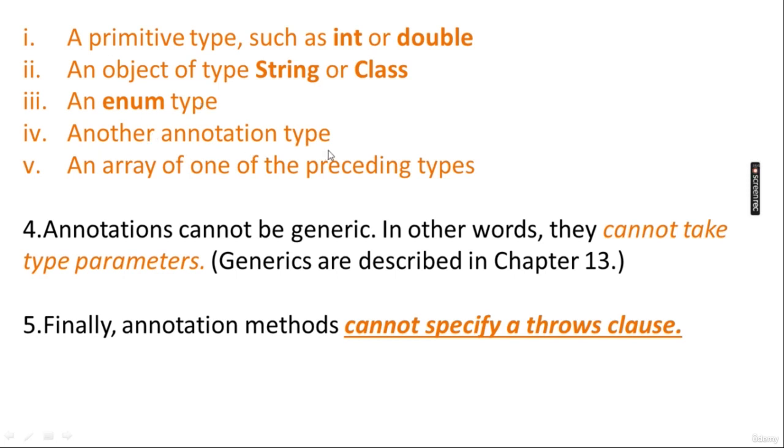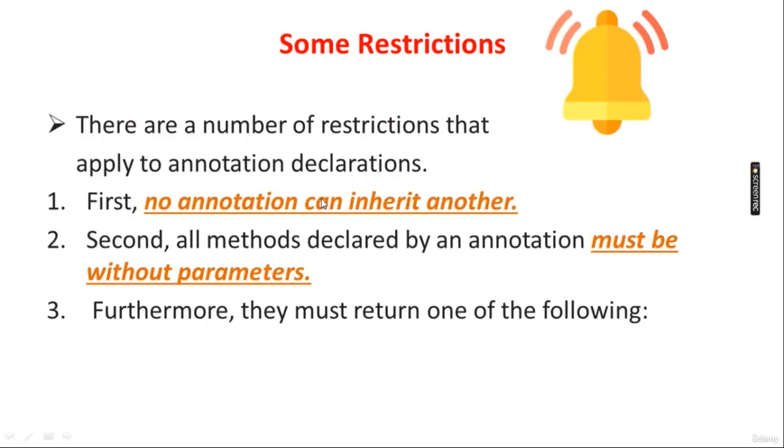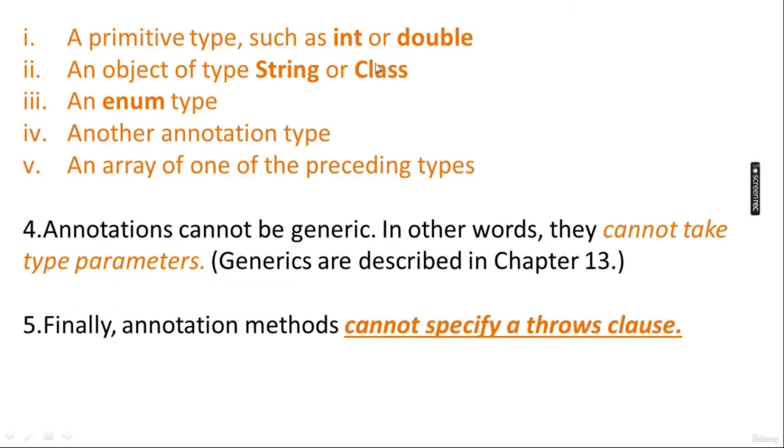It can return another annotation type. It can return an array of one of the preceding types. So an array of primitive type, array of object, array of enum, array of another annotation type. So they must not have parameters at all, and they must return one of these elements.